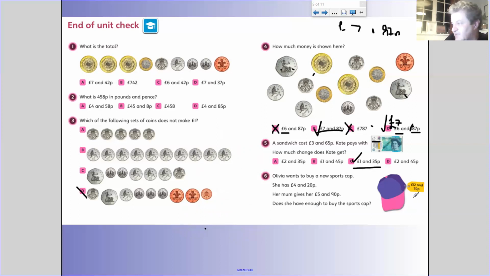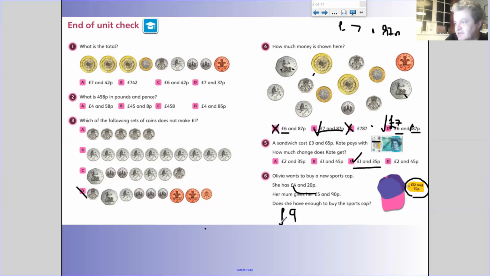I'm looking at the price of the sports cap. It's £12 and 70 pence. Olivia wants to buy a sports cap. She's £4. Her mum gives her £5. So let's add those £4 and £5. That would be £9.